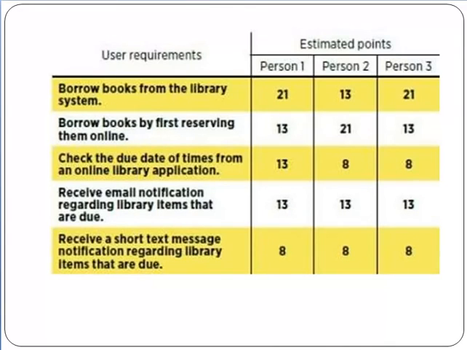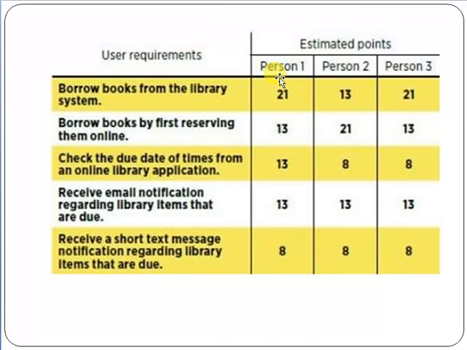Here, friend, I can give you an example. For example, user requirements, estimated points, person 1, person 2, person 3. This is the example chart sheet for nominal group technique, in which you can see the user requirements we have mentioned here.